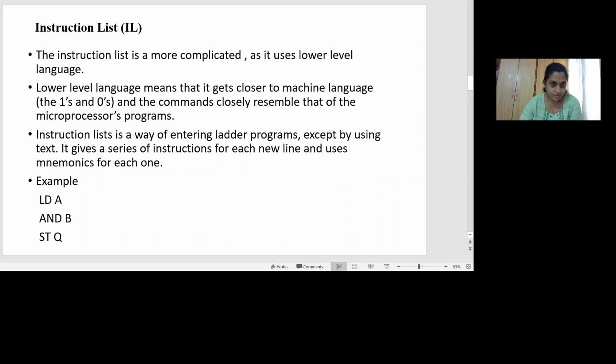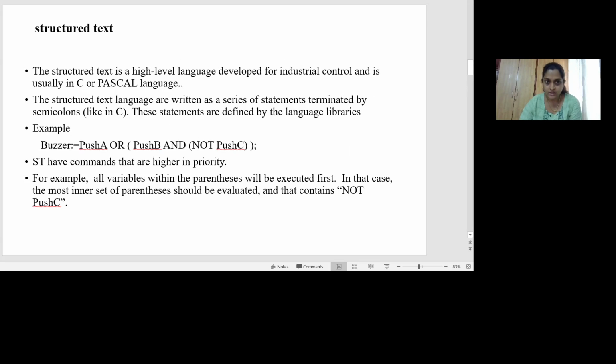Coming to the first standard, that is structured text. It is a textual based language, and here high level languages like C and Pascal can be used to program PLCs. This structured text is a very powerful tool because we can execute complex tasks using algorithms and mathematical functions.